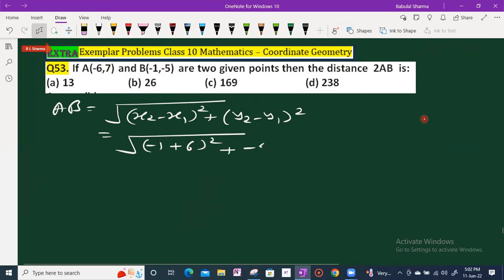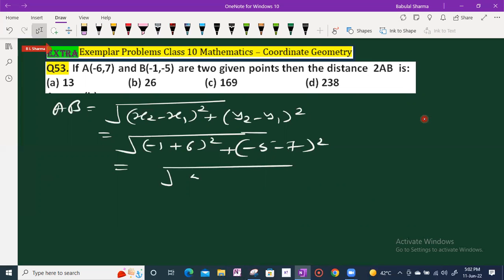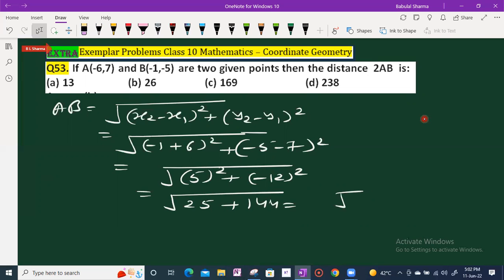So we can say -5 minus 7 whole square, that is 5 whole square plus -12 whole square. 5 whole square is 25, -12 whole square is 144.